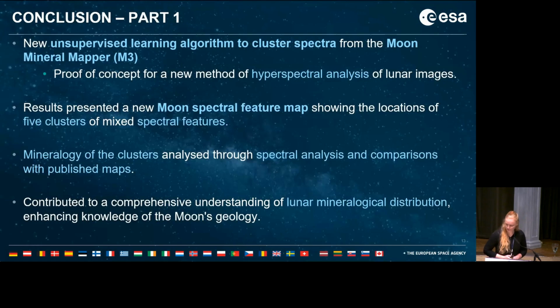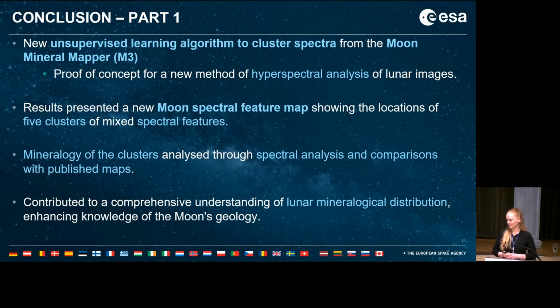So to conclude here, we're using this new unsupervised learning algorithm to cluster spectra from the Moon Mineral Mapper, M3. This works as a sort of proof of concept of a new method we can use for hyperspectral analysis of lunar images.